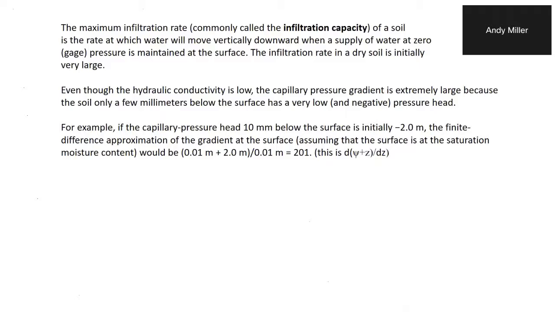And so that is a large hydraulic gradient. So now, what does Darcy's law say about how fast the water is actually going to move? You have to know both hydraulic gradient and the hydraulic conductivity, right? So how do you figure out how fast the water is moving under that hydraulic gradient, given that you've got a hydraulic conductivity of 10 to the minus 6 meter per second, and a hydraulic gradient of 201?